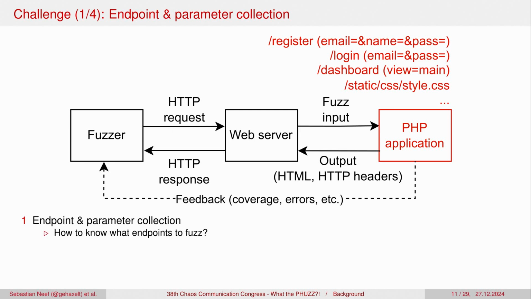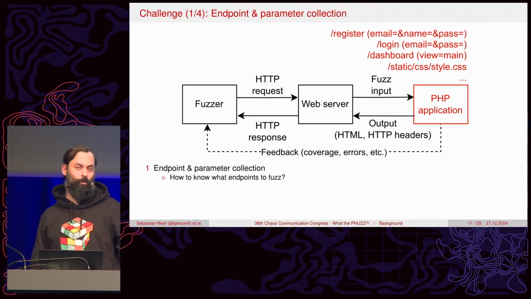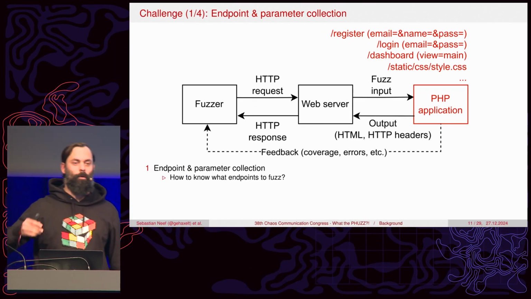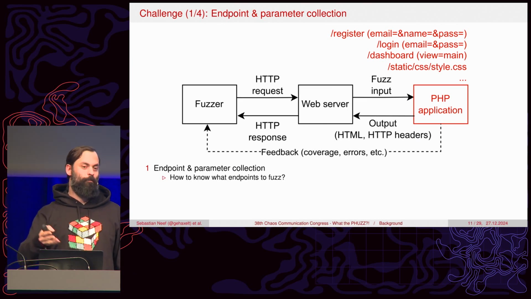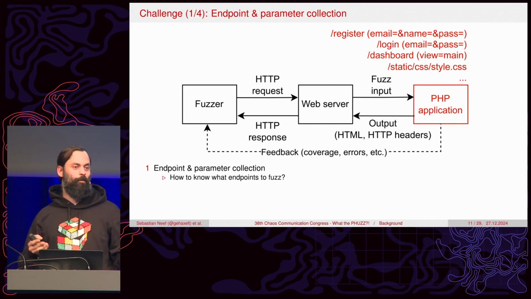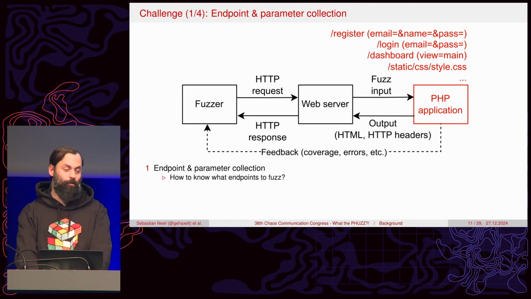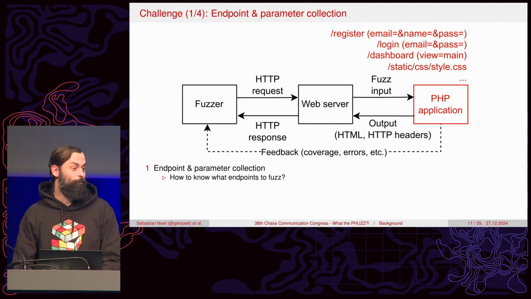So the first challenge is finding out what to fuzz. With the binary application approach, you have usually one specific input path. You either write the random input to standard in, or you write it to a file which is then read by the application, but usually there's just one specific way to get the input in. But with web applications, we might have different endpoints and different inputs.